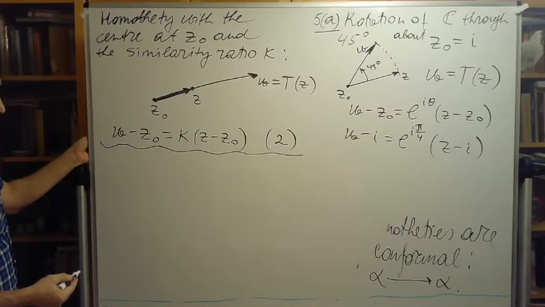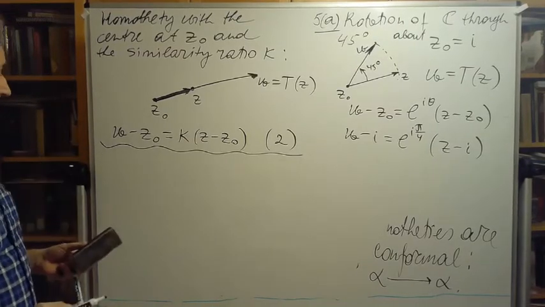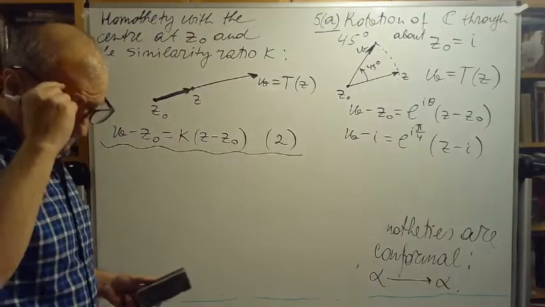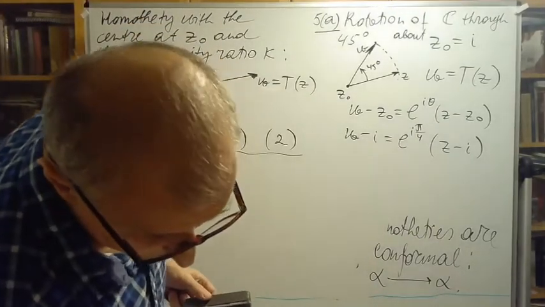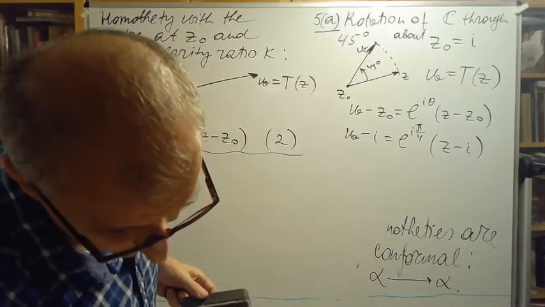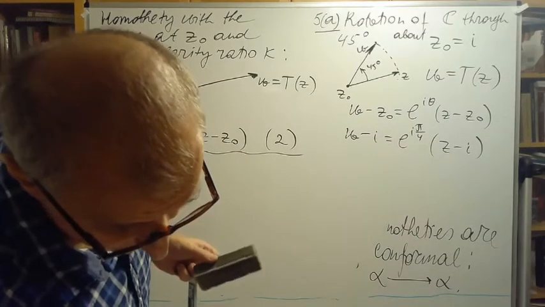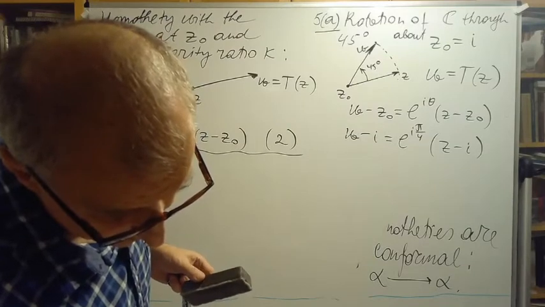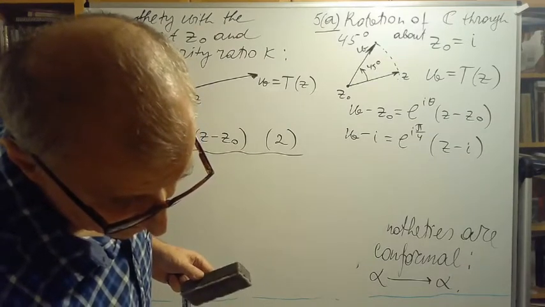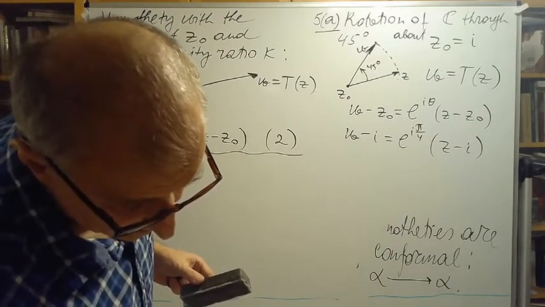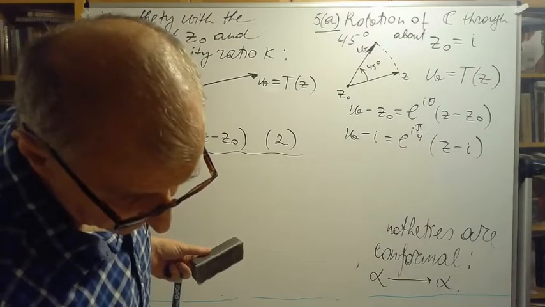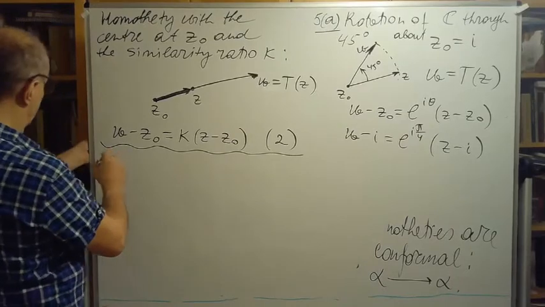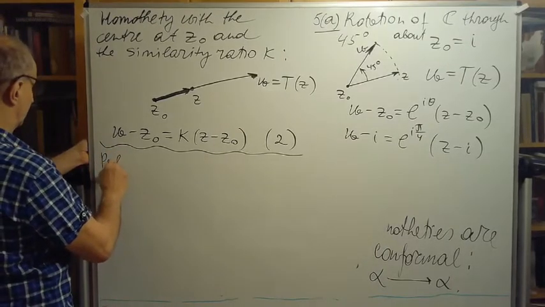And if, for instance, we consider problem 7 from your textbook, find the formula for transformation of the complex plane that carries the unit disk about the origin to the disk with the center at point 5 of radius 3.